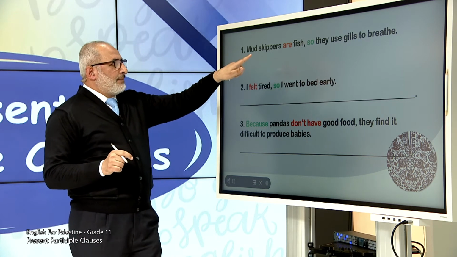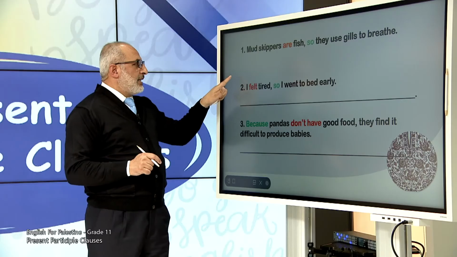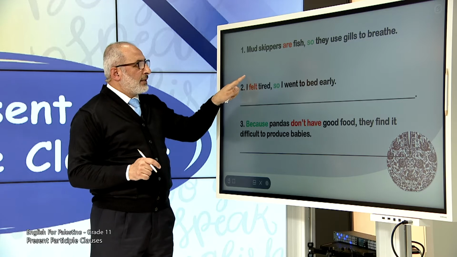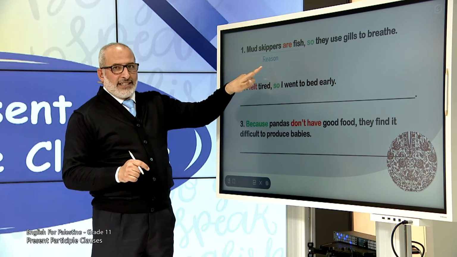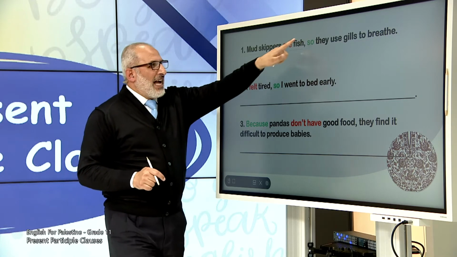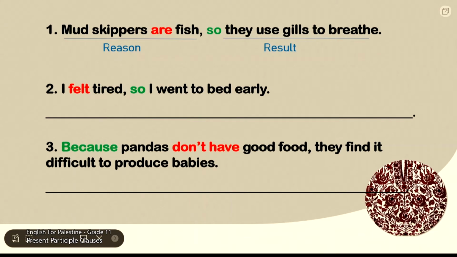Mud skippers are fish, so they use gills to breathe. If you look at this sentence, it has two parts. The first part is a reason, and the second one is a result.